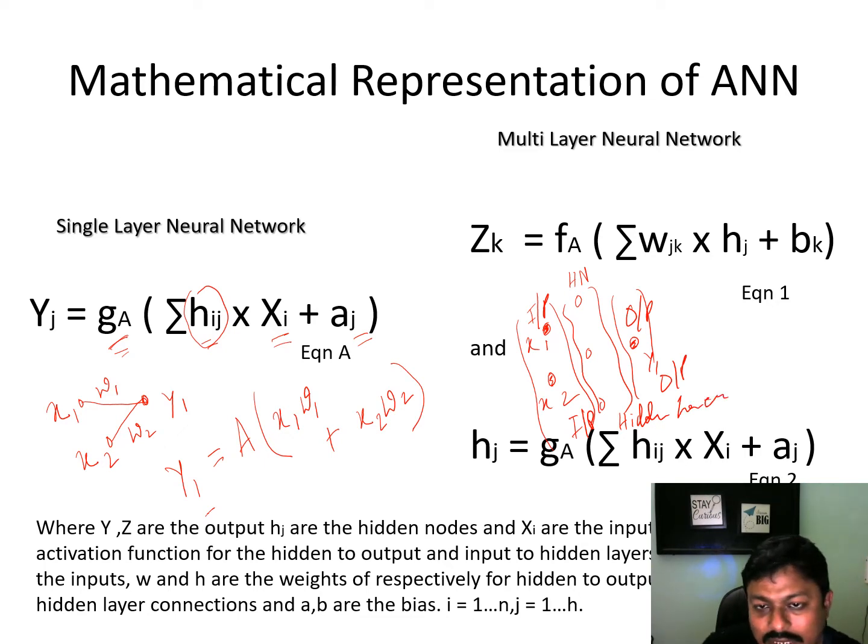What happens is, you see, now we can draw a connection from each of the input nodes to each of the hidden nodes, right? And these hidden nodes can be connected to the output node only.